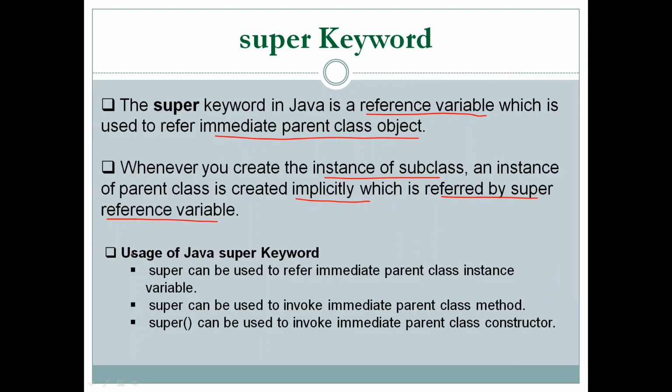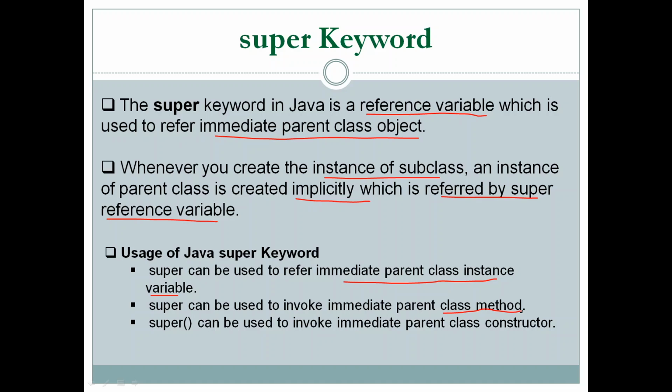So there are many different usages of the super keyword. Super can be used to refer to immediate parent class instance variables. To refer to the parent class instance variables, we can use the super keyword. Even super can be used to invoke immediate parent class methods.